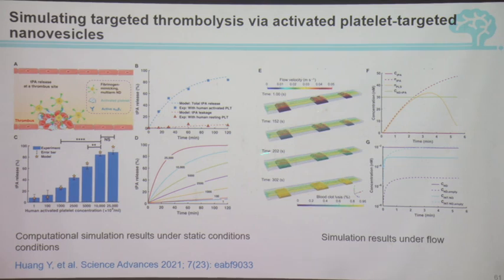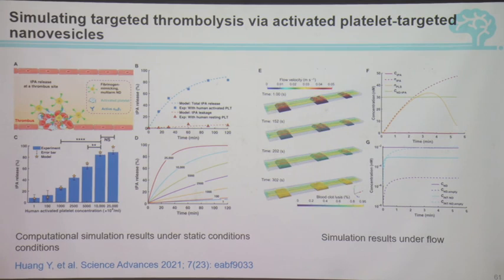But there are some uncertainties because to simulate thrombolysis, we need to know the initial condition pretty well. We need to know the initial clot properties, and that is a limitation here because in those experiments, the clot properties were not measured. They just formed the clot and put the clot inside the microfluidic device. So it's a bit of a guesswork.